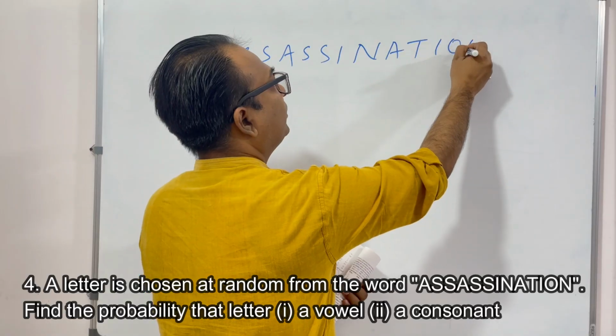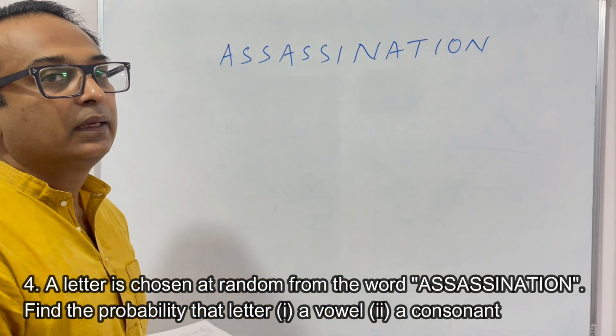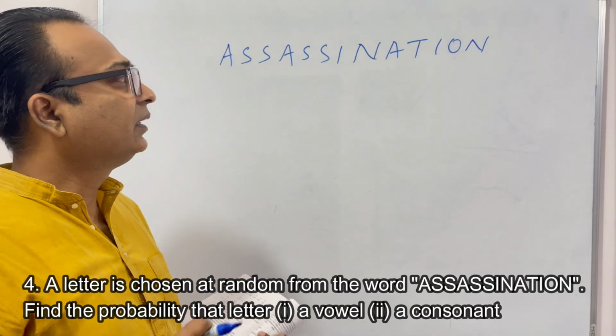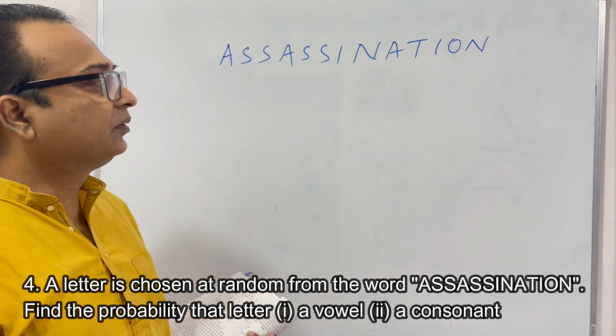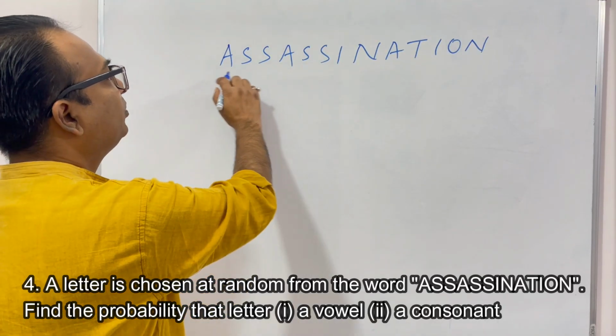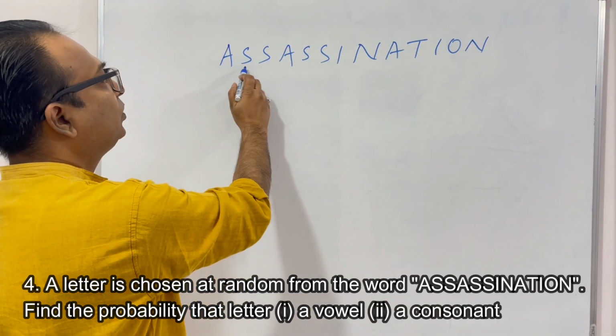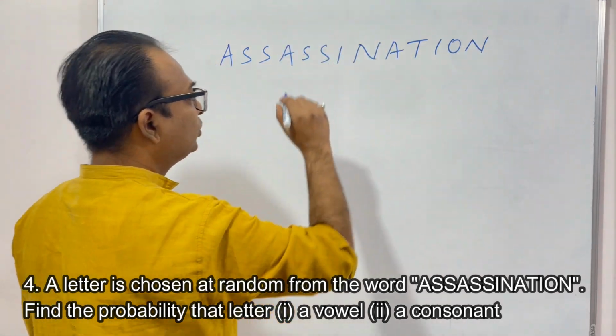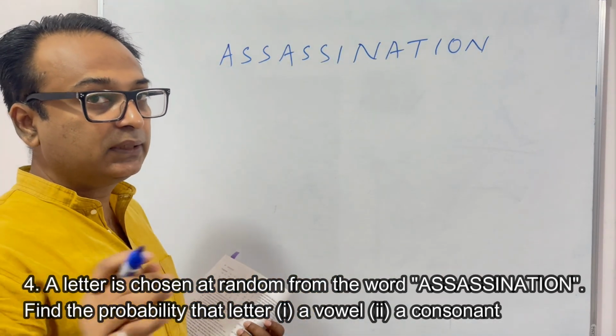Now here what we have to understand is that it says a letter is chosen at random. So we don't have to make sets and all. What we have to find is how many letters are there. See, 1, 2, 3, 4, 5, 6, 7, 8, 9, 10, 11, 12, 13. So the total number of letters is 13.